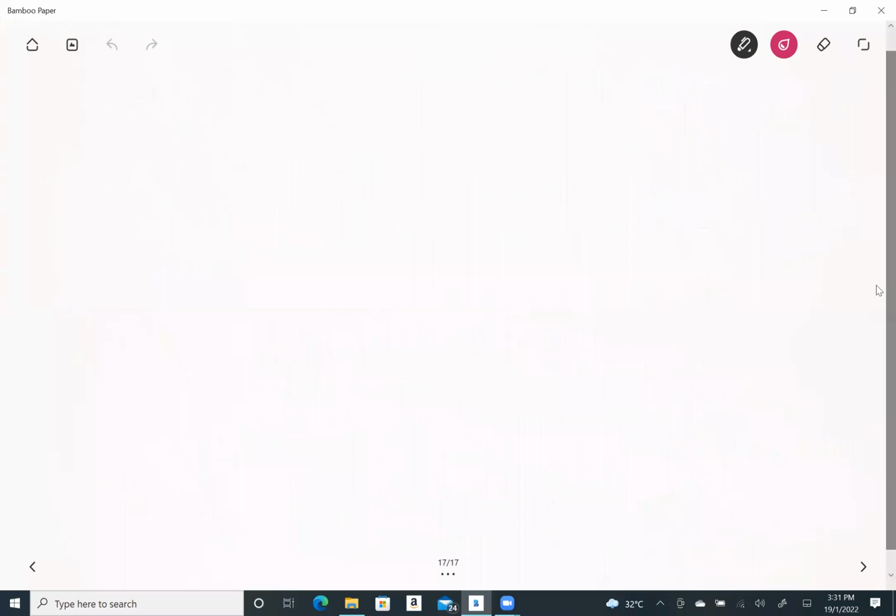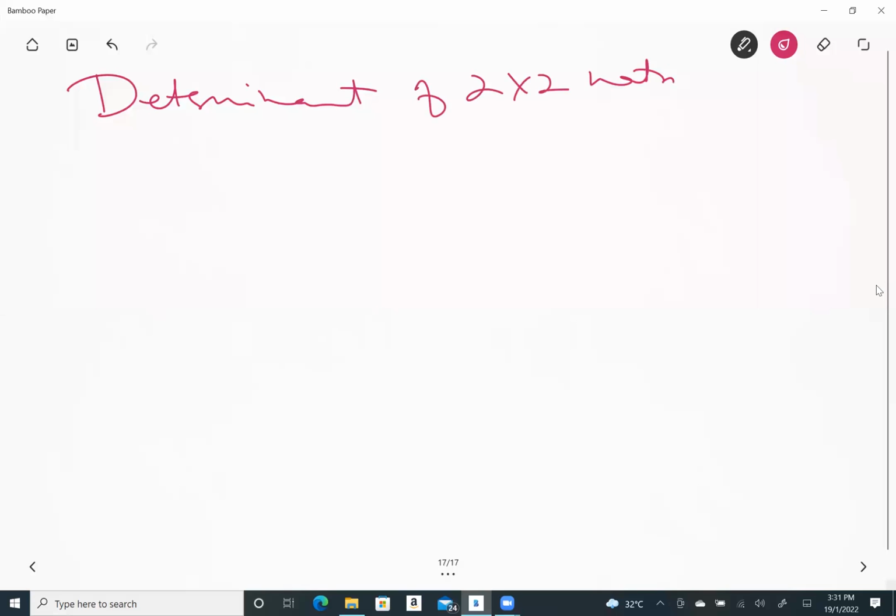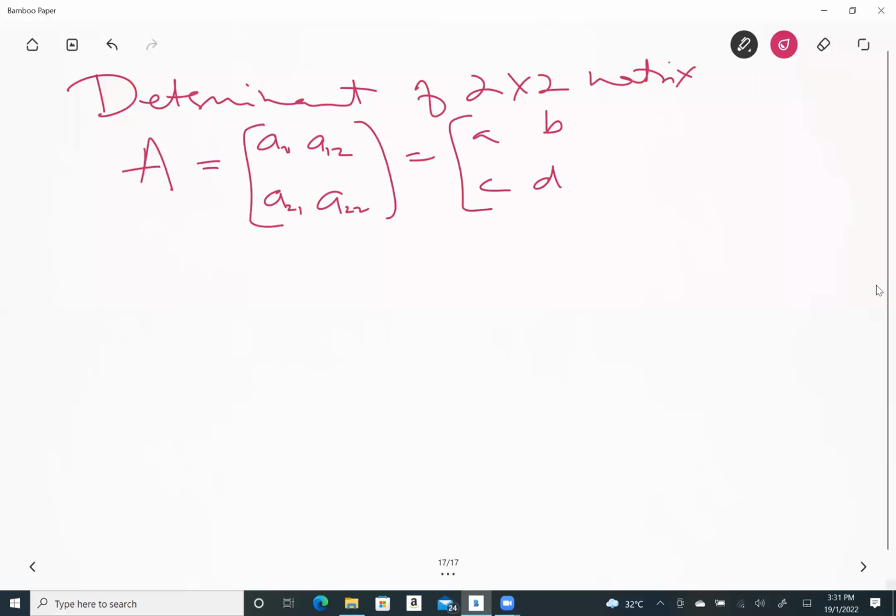All right, good. So the determinant of a 2x2 matrix. Now, if you consider a 2x2 matrix, the determinant is quite simple. We consider matrix A 2x2, just A11, A12, A21, A22, or we can just use ABCD. If you look at the book, they just use ABCD because it's 2x2.